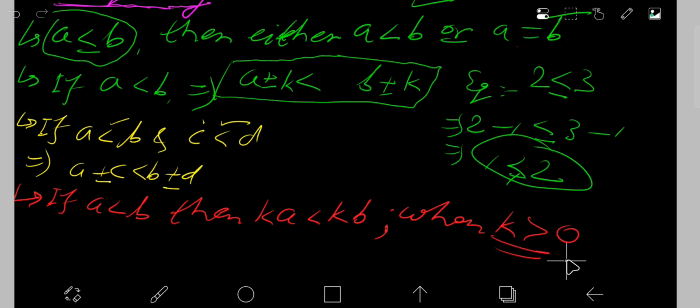K can be any positive number, real or otherwise.